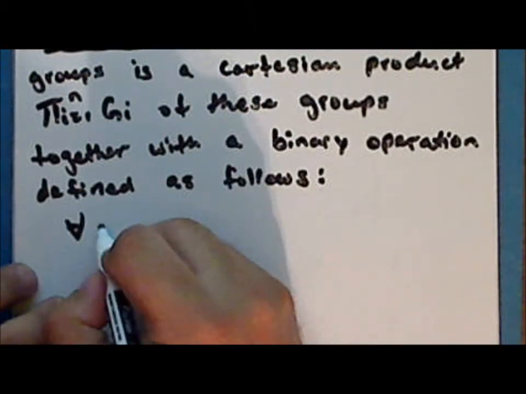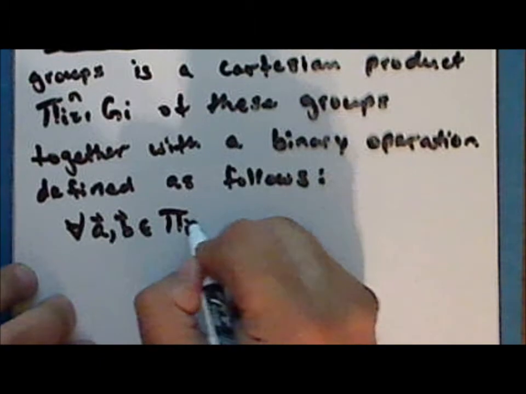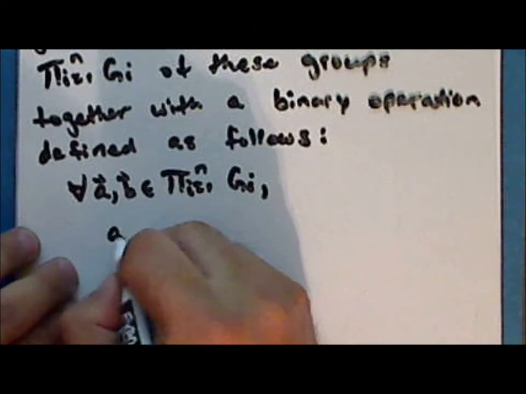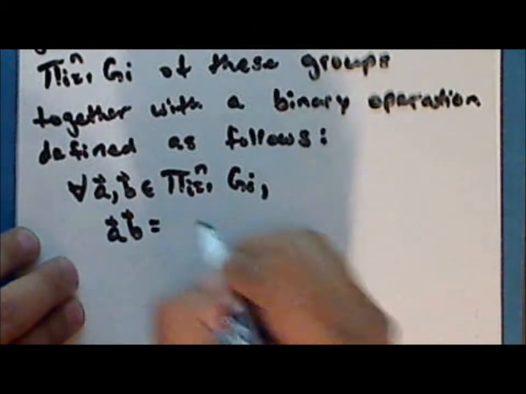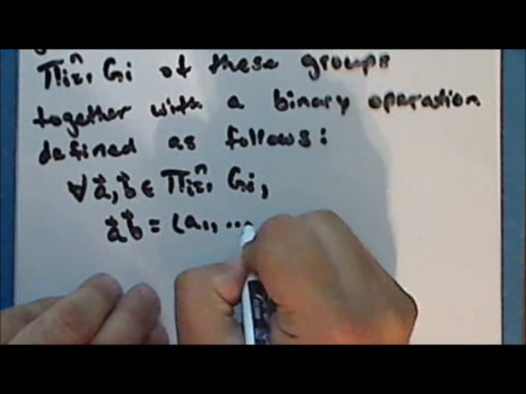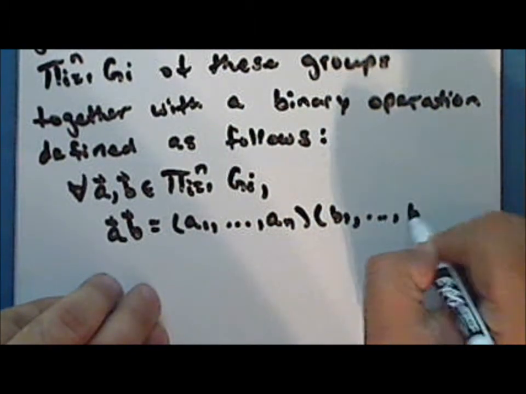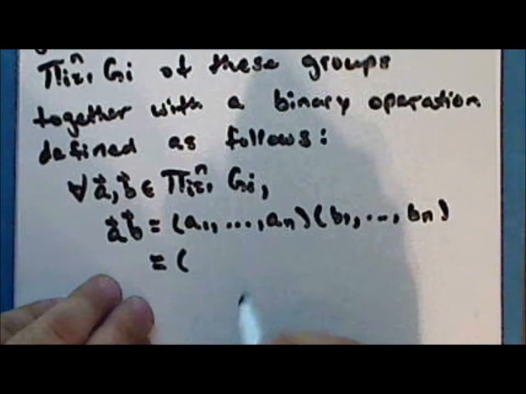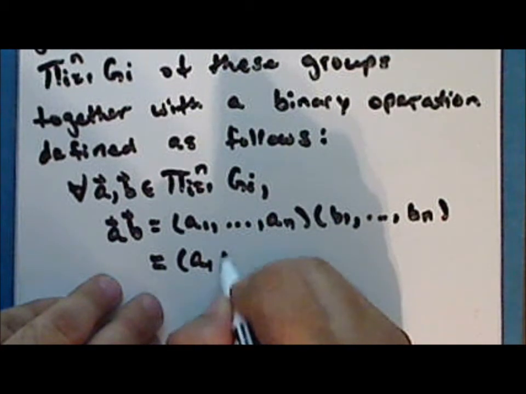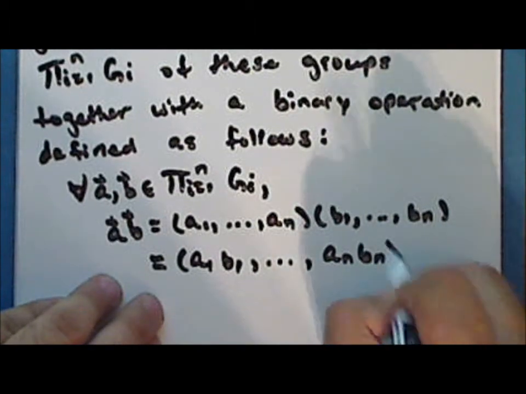For every pair of ordered n-tuples a and b in the Cartesian product of the groups, we have that the product a times b is the product of the ordered n-tuples a sub 1 through a sub n and b sub 1 through b sub n, which is the ordered n-tuple whose elements or coordinates are a sub 1 times b sub 1 and so on through a sub n times b sub n.